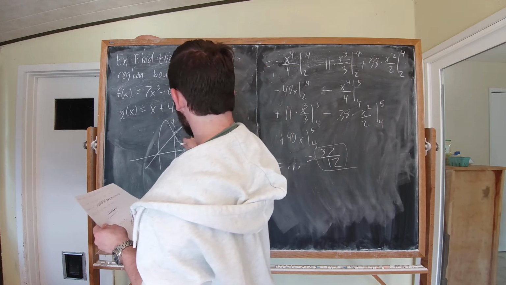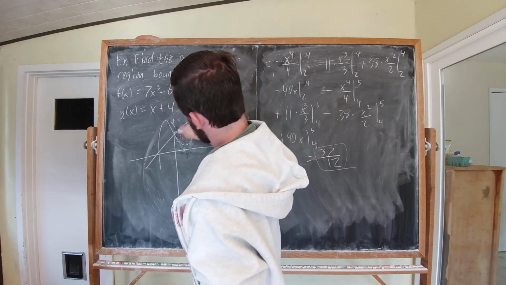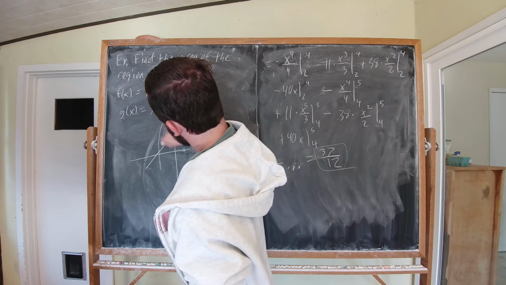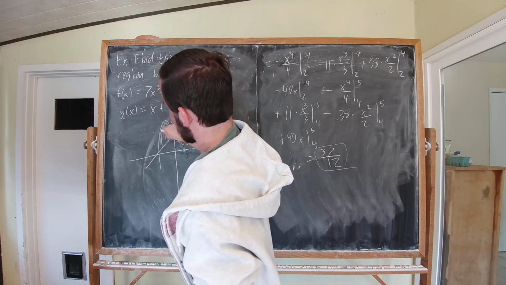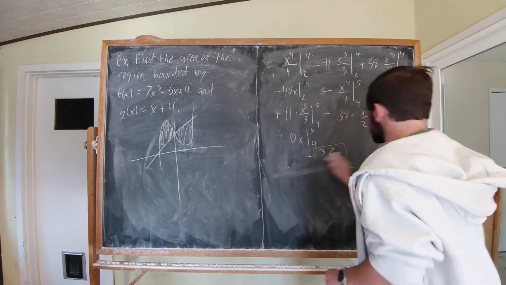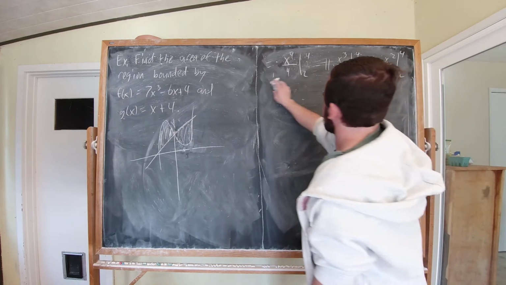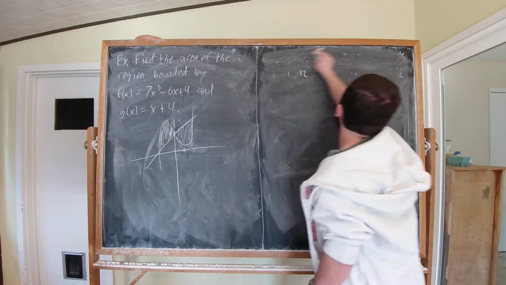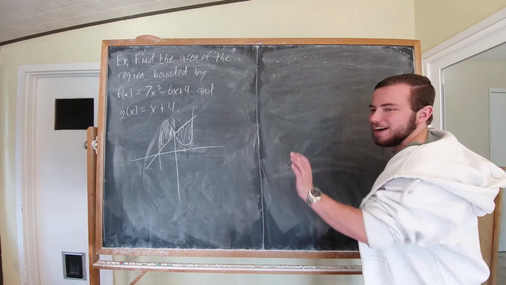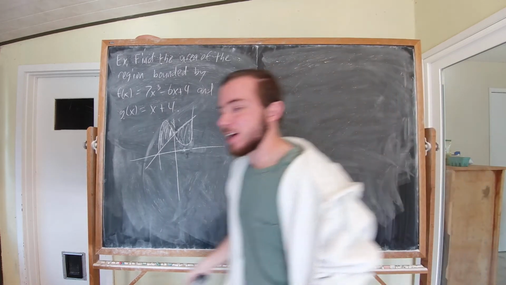Bad sketch. There we go. So we're looking for this region right there. As I said, if I ask a question like this on a test, I will give you guys the picture of the function, so you don't have to worry about trying to draw them. Because goodness knows, that would be annoying.